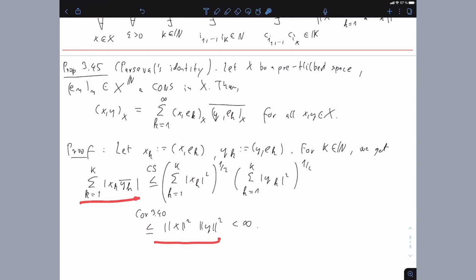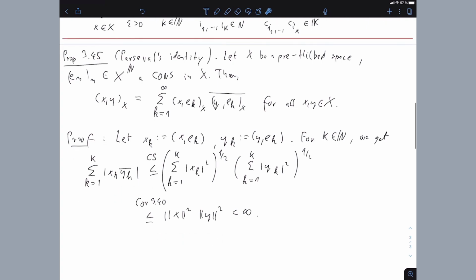It is increasing and bounded, so convergent, and that means the entire series is absolutely convergent, so also the series without the absolute value.